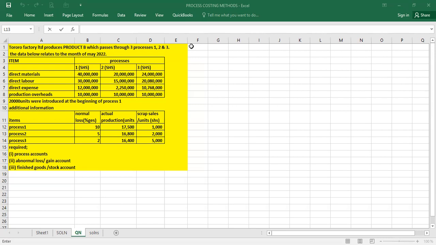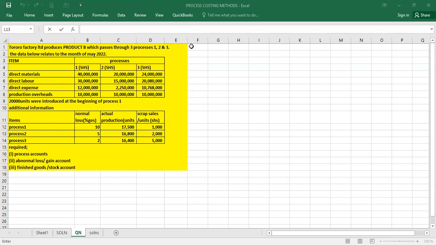We have the direct labor costs: process 1, 30 million, process 2, 15 million, process 3, 20 million, 80,000. Then the direct expenses, we have 12 million in process 1, 2,250,000 in process 2, and 10,768,000 in process 3.